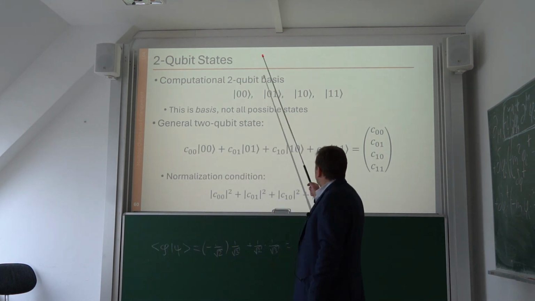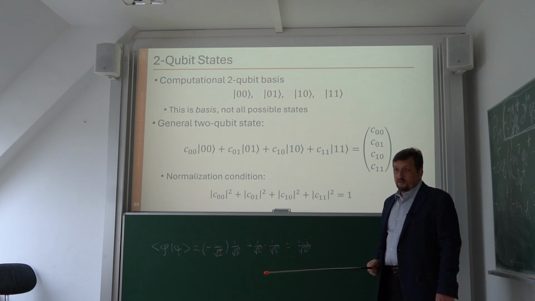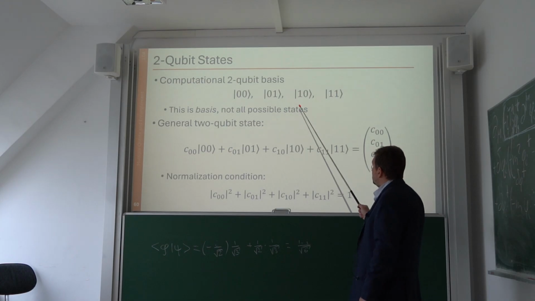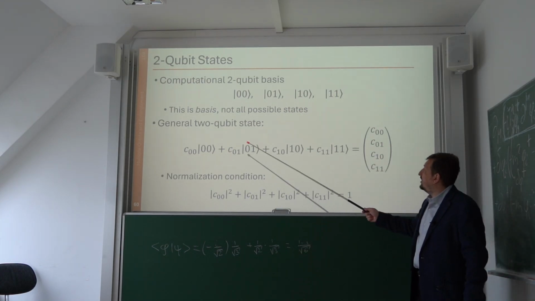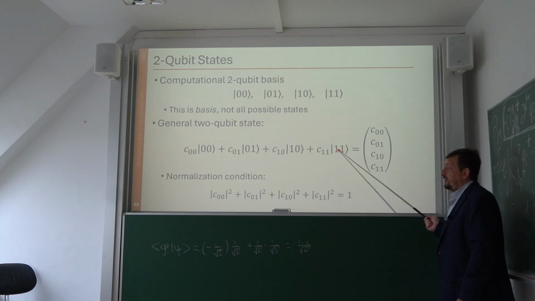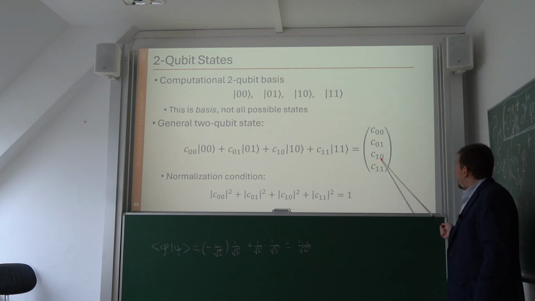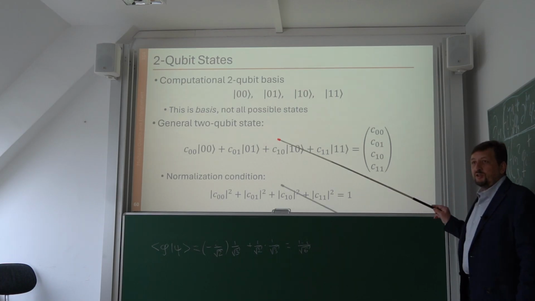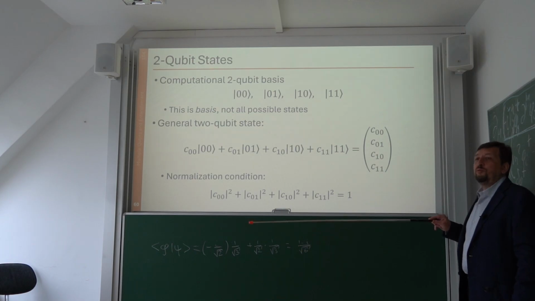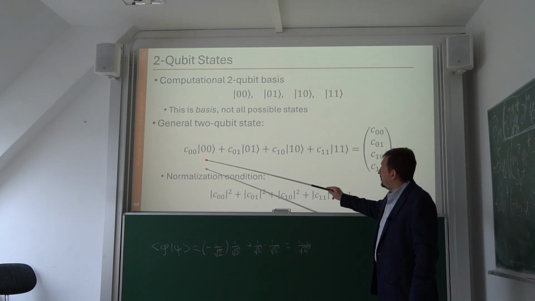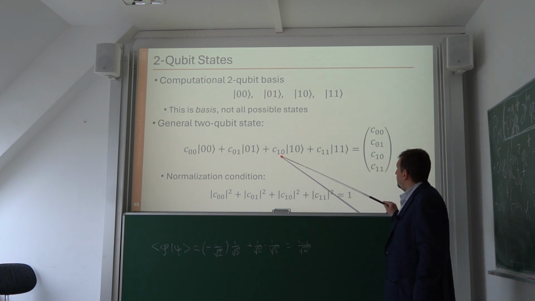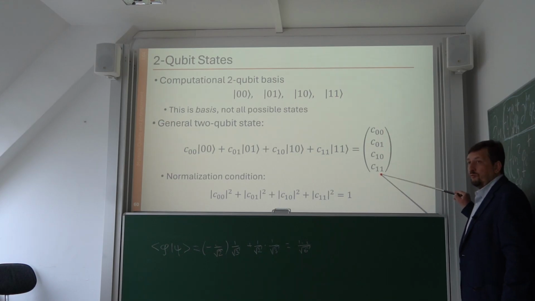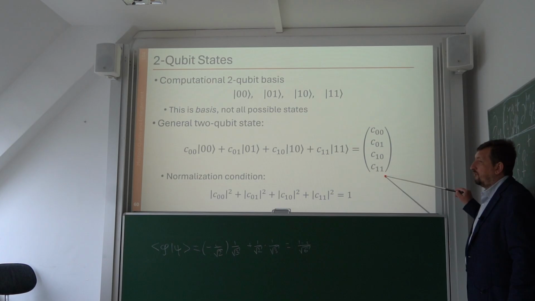Okay, so this is the standard computational basis, but this is a basis. General qubit states, all possible states, are written as superpositions of these basis states. And we can write it as a column vector. Since column vector notation is often used for two-qubit states, I can write the coefficients C00, C01, C10, C11. This is how these coefficients are arranged in the column vector: 00, 01, 10, 11.